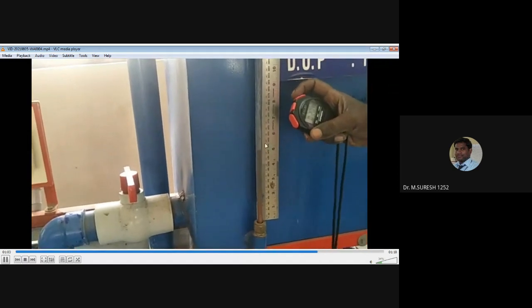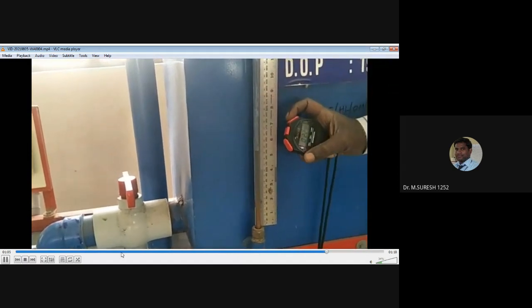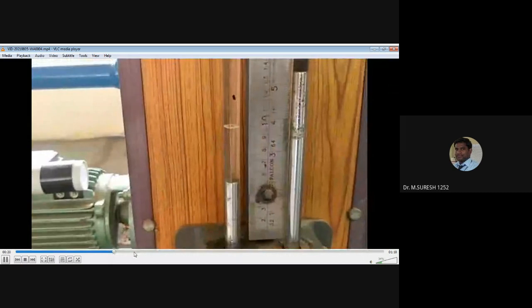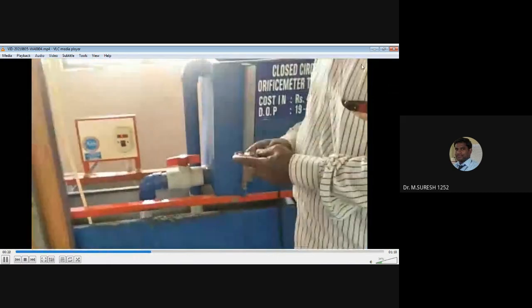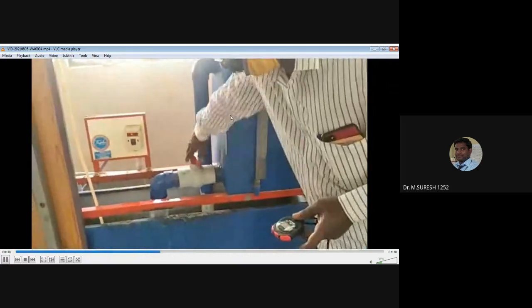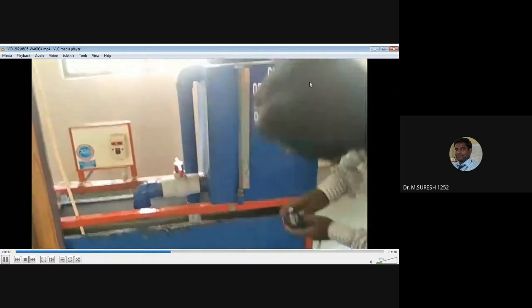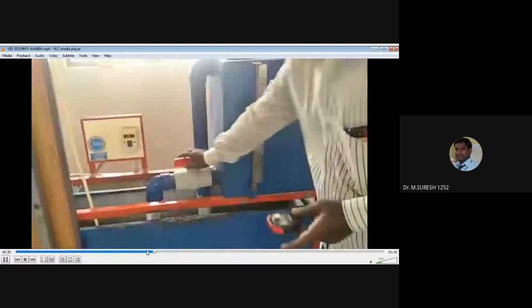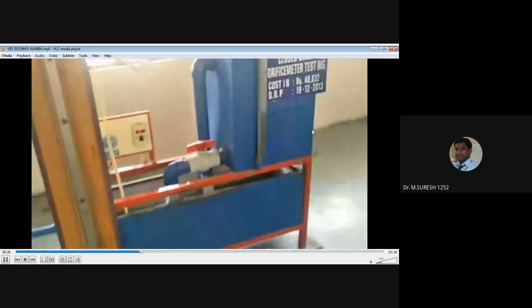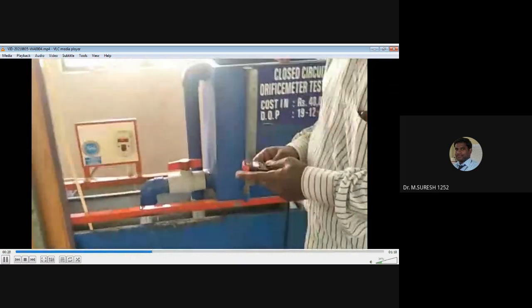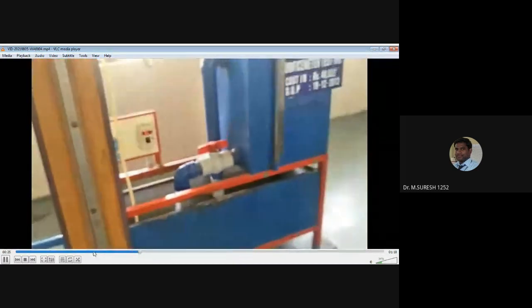And this, this is the length of the tank. Just a minute. This is the length of the tank and this is the breadth of the tank. That is what I told, 40 centimeter and 30 centimeter. Correct?